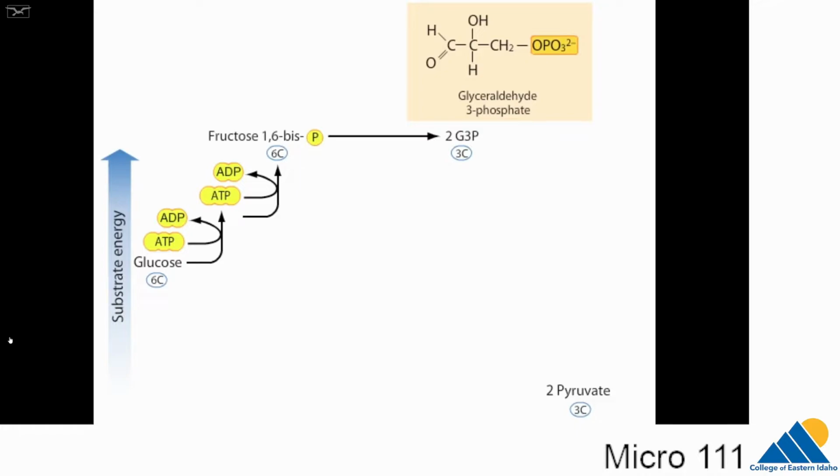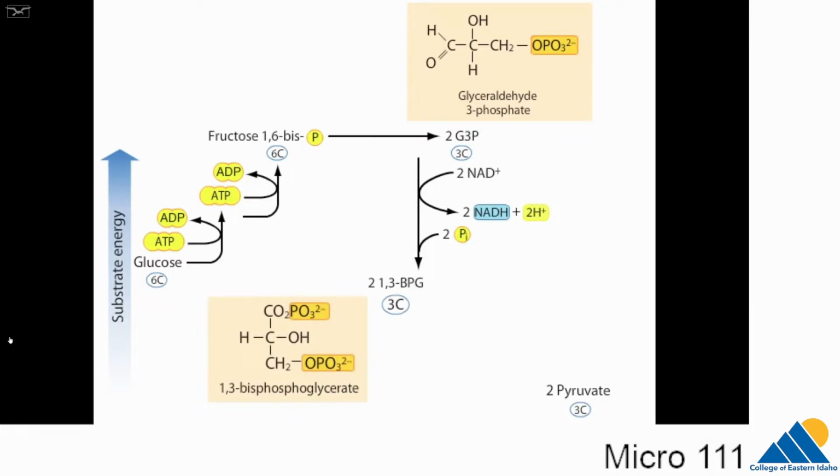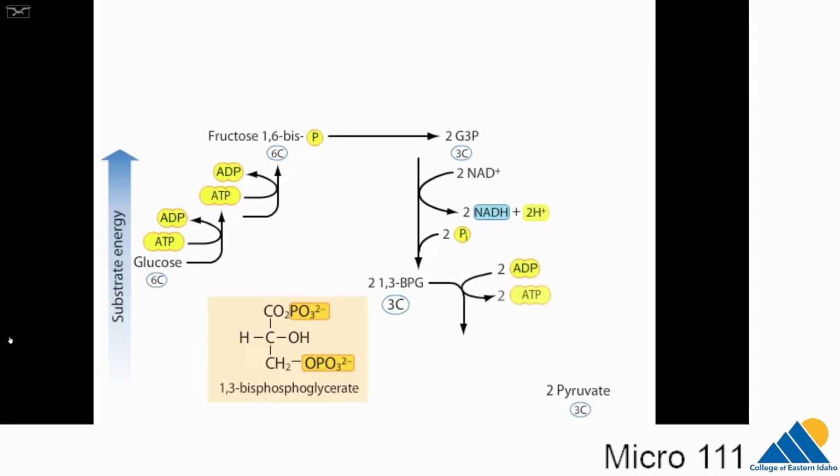In stage 2 of glycolysis, each of the two G3P molecules loses 2 electrons from 2 hydrogen atoms, converting NAD+ to NADH. NADH is a reducing energy carrier. The oxidation of G3P releases enough energy to add inorganic phosphate to each molecule, forming 2 molecules of 1,3-bisphosphoglycerate. Subsequent reactions transfer both phosphoryl groups from each molecule to a total of 4 ADP molecules, making 4 ATP molecules.